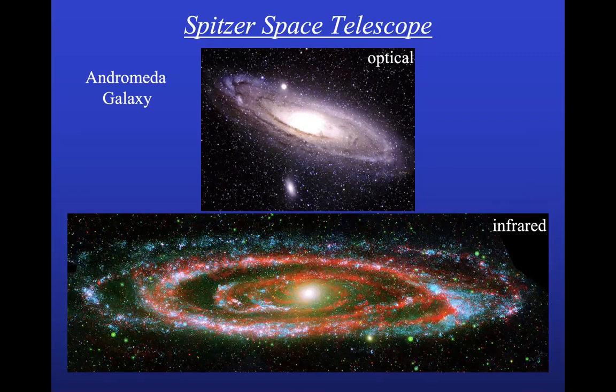Now this is what you have to understand, why we are using these different wavelength regions, right? From this lower image you should be able to see that a lot of things that are not visible in the optical region, you can see from infrared wavelengths, right?